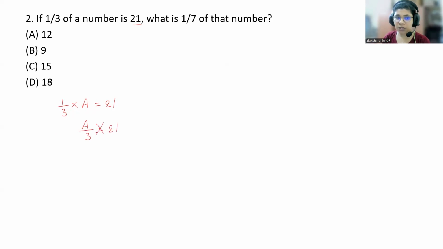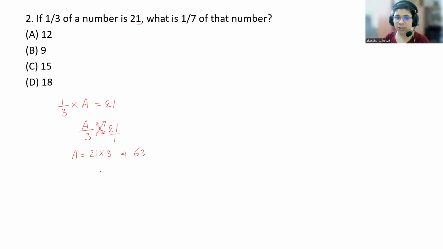Now you do cross multiplication. There is nothing under 21, so you just assume 1. So a is equal to 21 into 3. That is 63. So a is 63. Now what is 1 by 7 of that number?